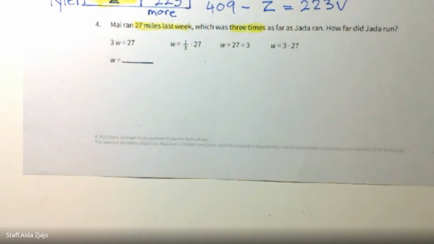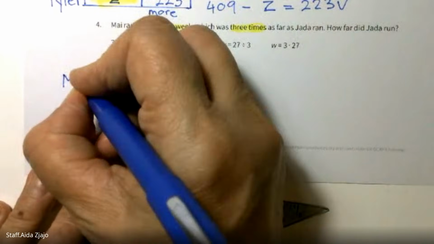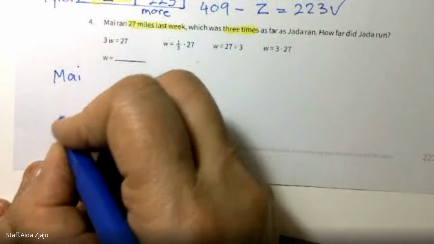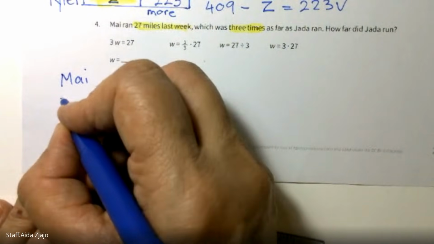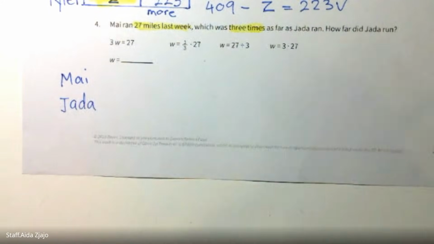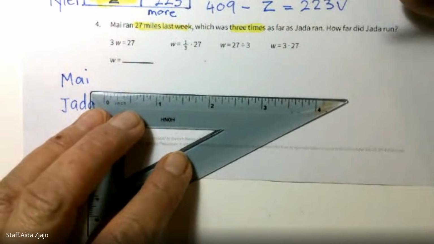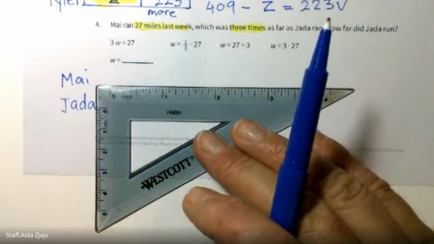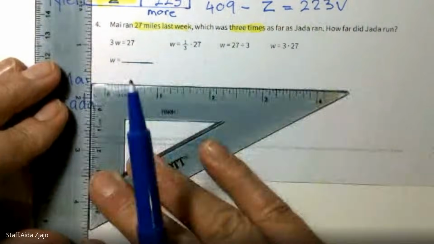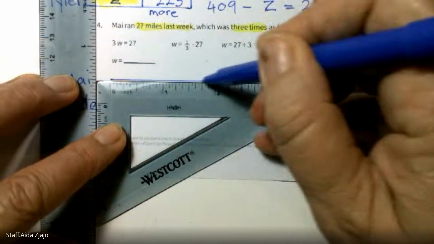When we think about this, this is Maya and Jada. If Maya did 3 times as much as Jada, we can do the number line or the tape diagram. Let's just do the tape diagram.